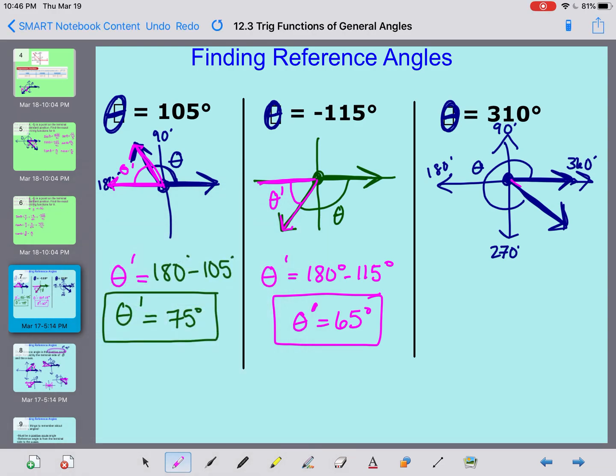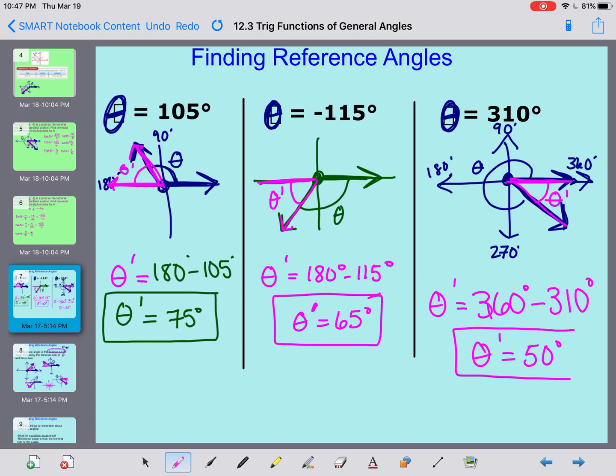So find the terminal side, go to the nearest x-axis. This is my reference angle. It's almost a full rotation. It's 360 degrees, but I'm subtracting 310. So my reference angle here is 50 degrees.